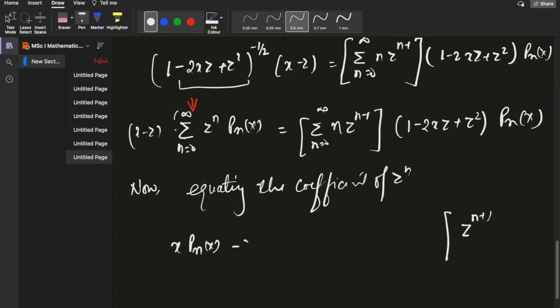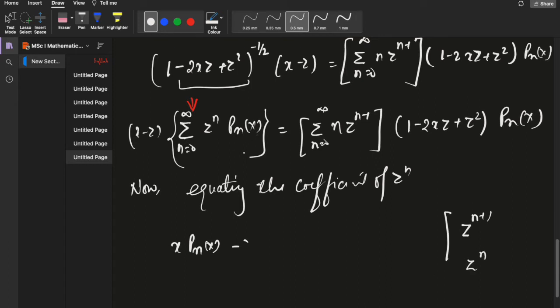If I multiply this whole term, for the first term I just multiply x with this term, this will give me x z to the power n P_n(x). For the coefficient of z to the power n, we will have x P_n(x) only. For the second term, if I multiply here, we will have the power of z as n plus 1, but we need z to the power n.